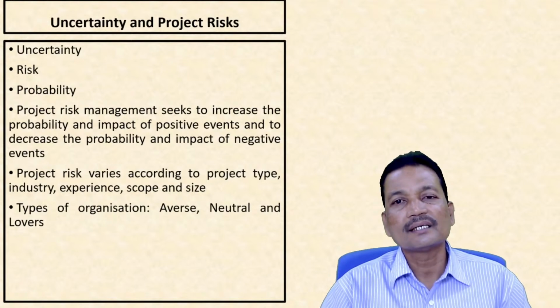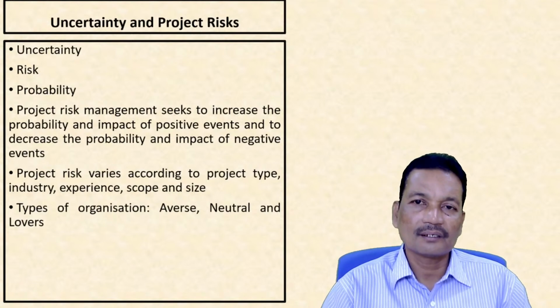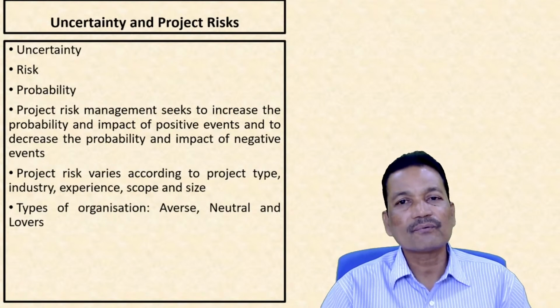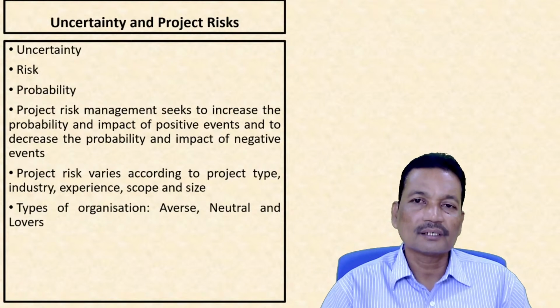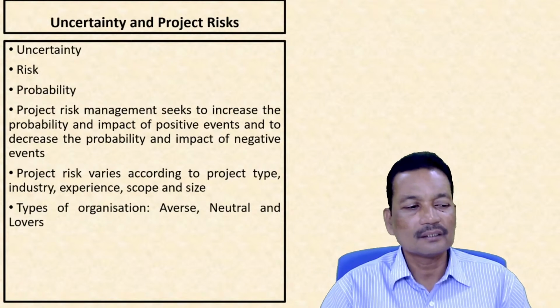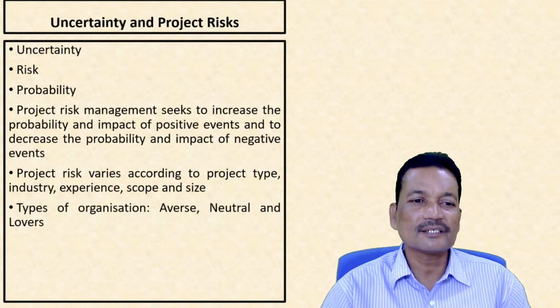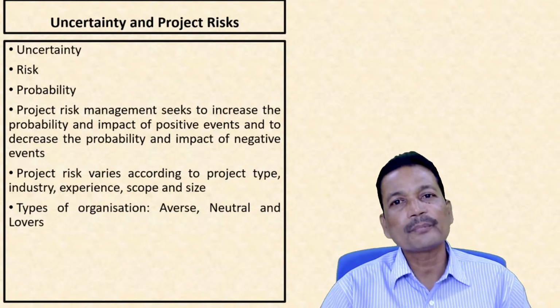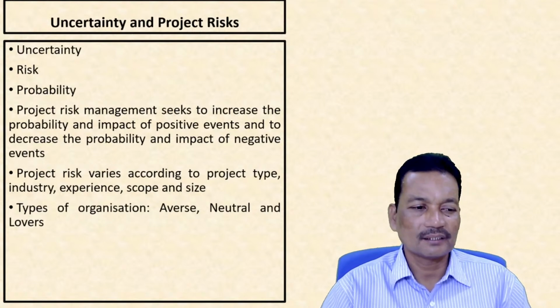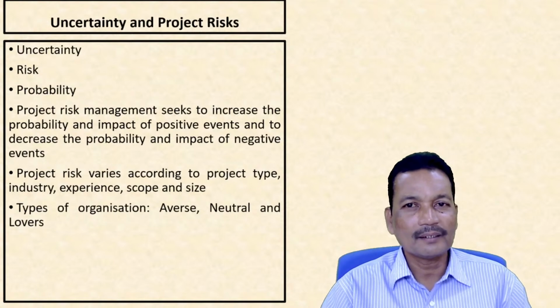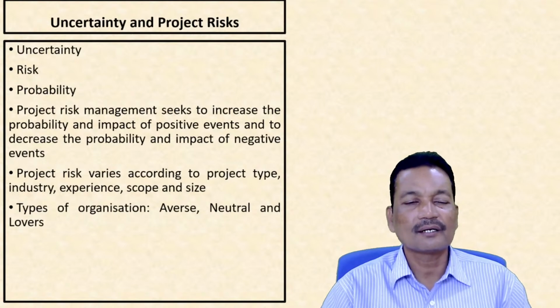Another one is risk neutral. That means if the costs are equal to the benefits, the project organization will jump into the project. And finally, we have a third type called risk lovers.